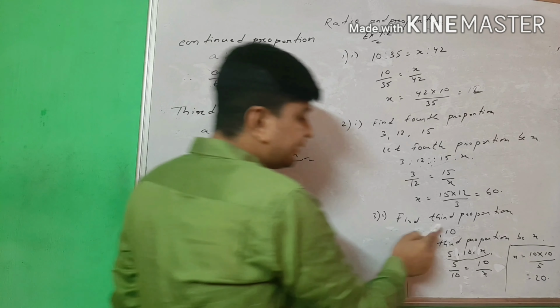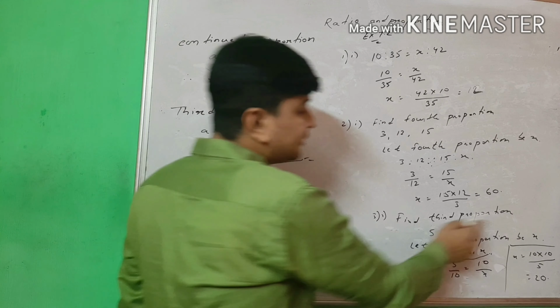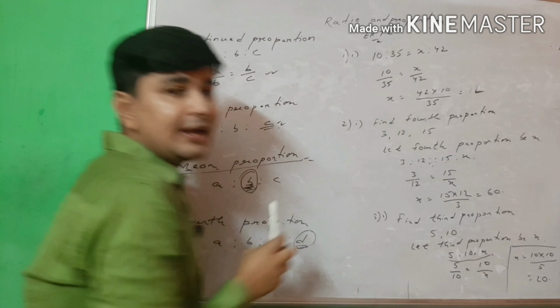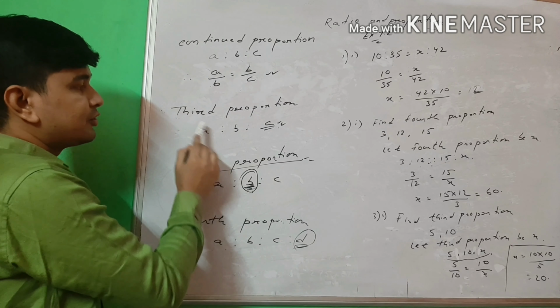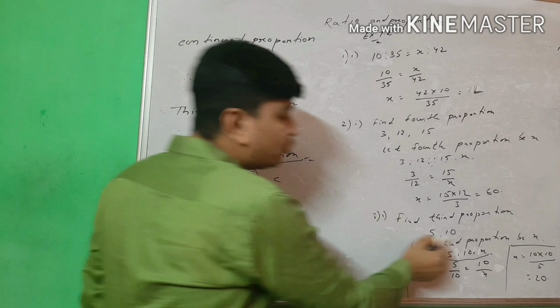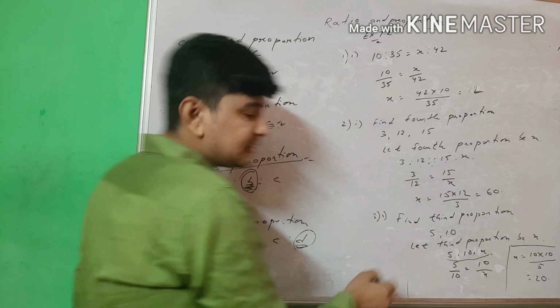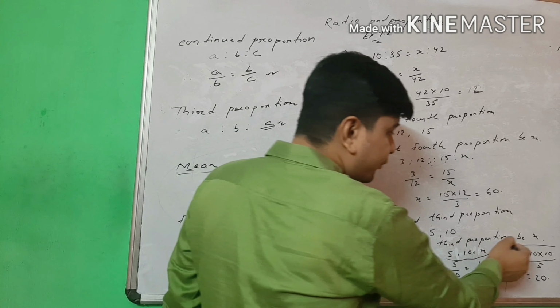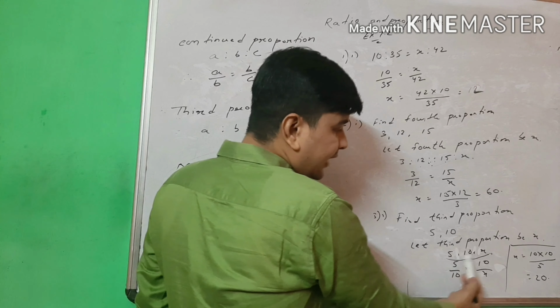3 subpart 1, find the third proportion of 5, 10. See, third proportion is A, B, C, but here only two are given, so our third proportion is missing. So let the third proportion be x. So the ratio is 5, 10, x.